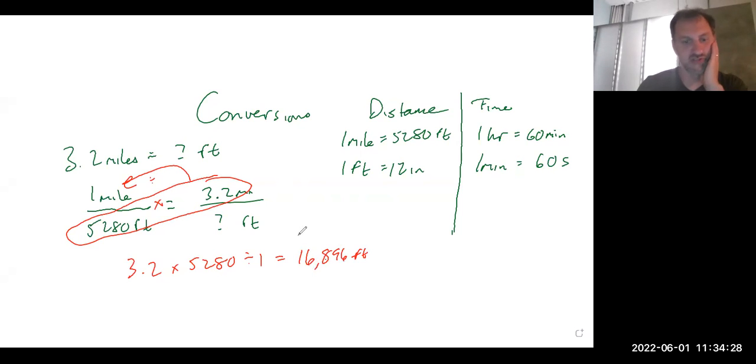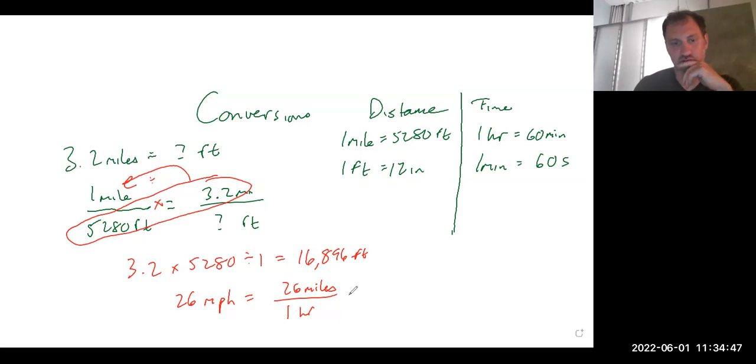Now, a proportional setup is not what I would recommend for conversions, especially dual unit conversions, where I have something like 26 miles per hour. This is actually 26 miles for every 1 hour. What I'm going to show you next is a fractional technique called dimensional analysis. This is used in chemistry, nursing, a lot of places where you have a lot of conversions.